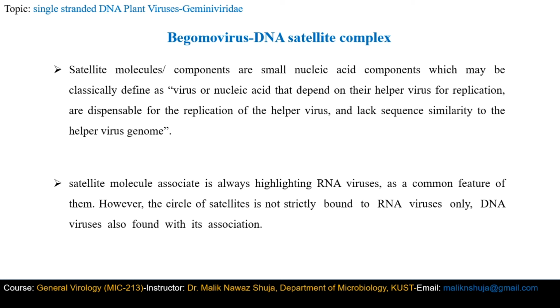For example, the alpha satellite, the beta satellite, or a new group of satellites known as delta satellite. All three types of satellites are of DNA nature and associated with Geminiviridae viruses, and alpha satellite has also been reported with the Nanoviridae.